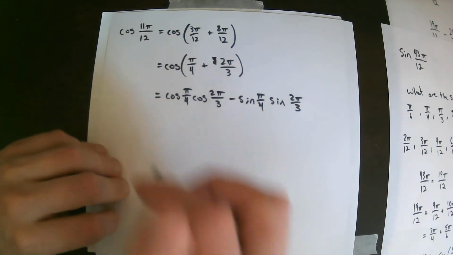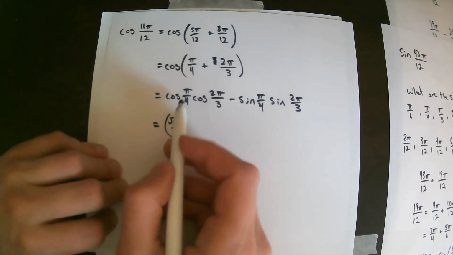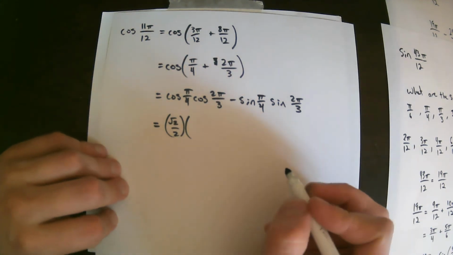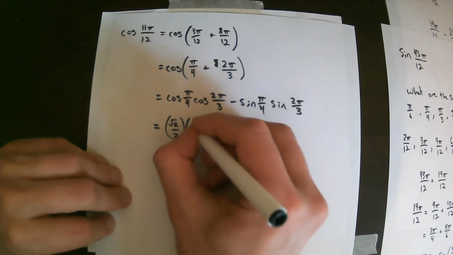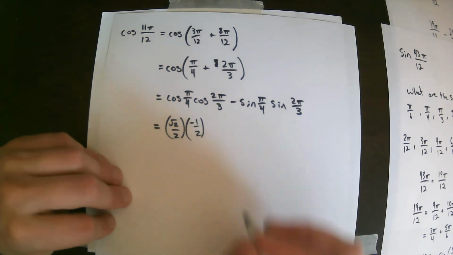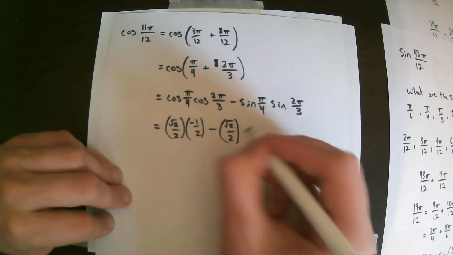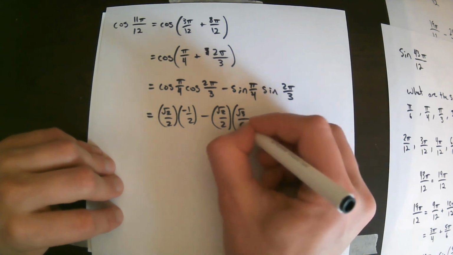Okay. So that's going to be square root of 2 over 2. Now these are all special angles, so I can go ahead and just replace them by looking at the unit circle. Let's see, this one will be negative 1/2, I believe. And then minus square root of 2 over 2. That's the sine of pi over 4. And then this one would be square root of 3 over 2.